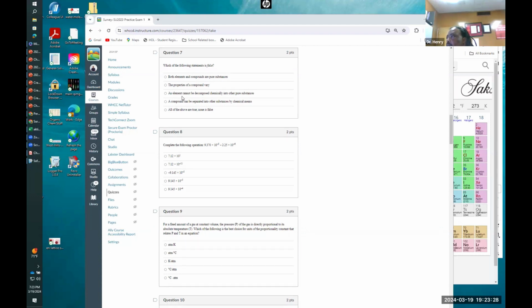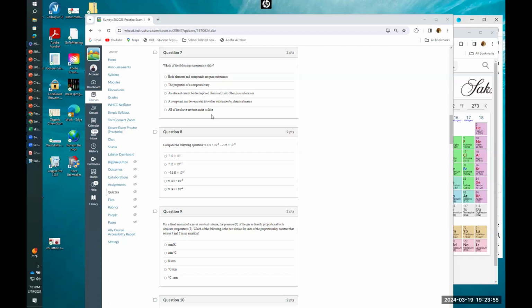C, an element cannot be decomposed chemically into pure substances. D, a compound can be separated into other substances by chemical means. E, all the above are true. None is false.